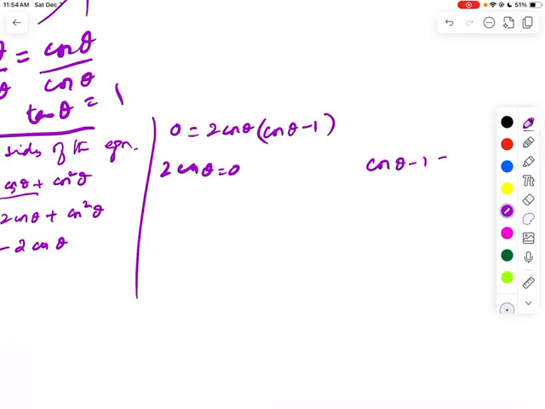So this will give me cosine theta is 0. And when will that happen? When theta is pi over 2 or 3 pi over 2 plus 2k pi.